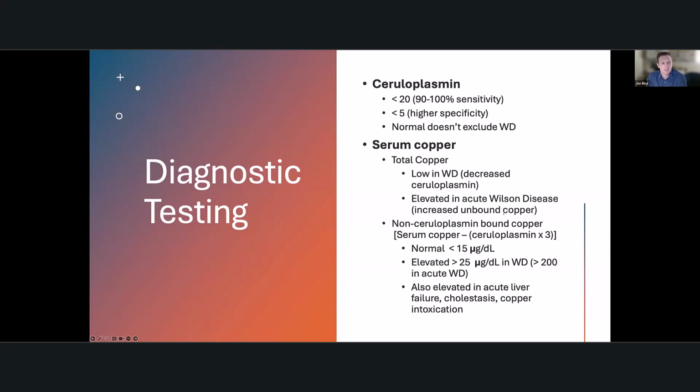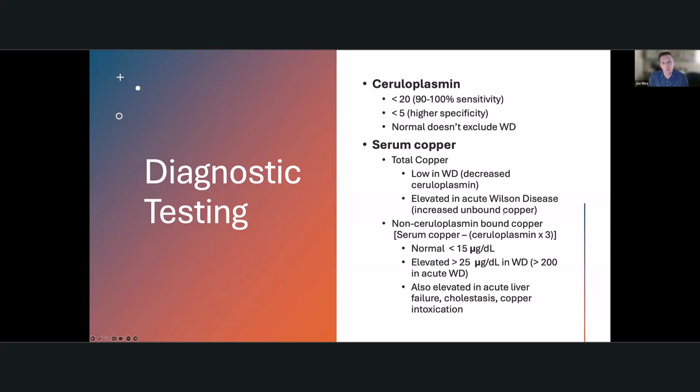As far as other diagnostic testing, the serum copper is usually ordered as a total copper. This is commonly actually low in Wilson's disease, which can trip up a lot of people. And that's because the way that the lab works is that it usually uses the ceruloplasmin to then calculate the copper in the body.